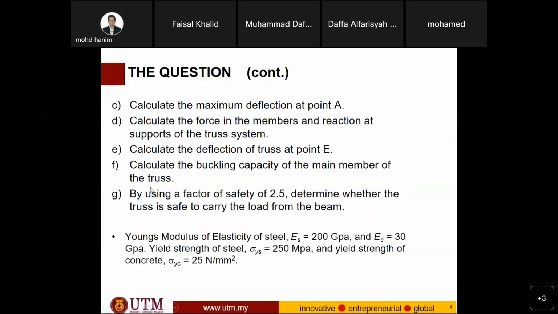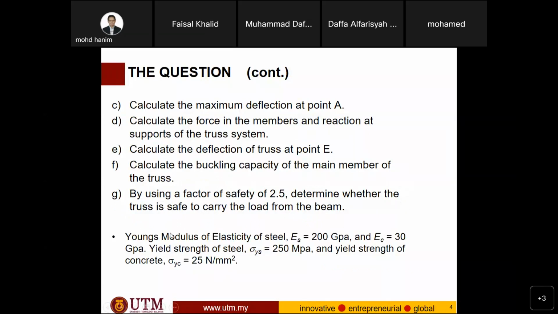By using a factor of safety of 2.5, determine whether the truss is safe to carry the load from the beam. So this is again a question on design. When it is given this factor of safety, then this is a design problem, and we must know the material properties.